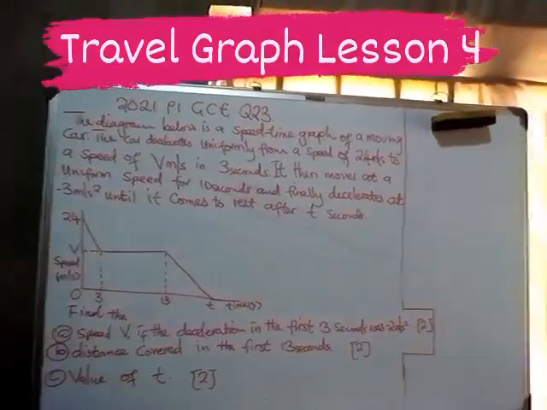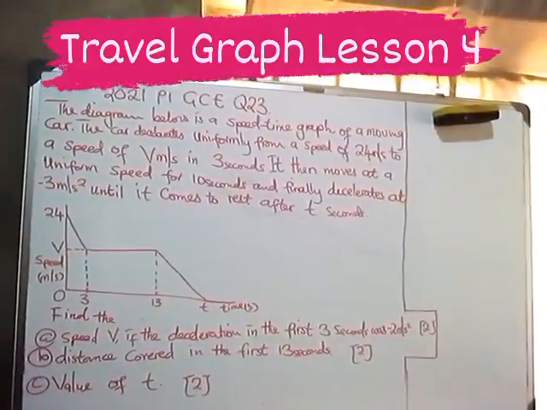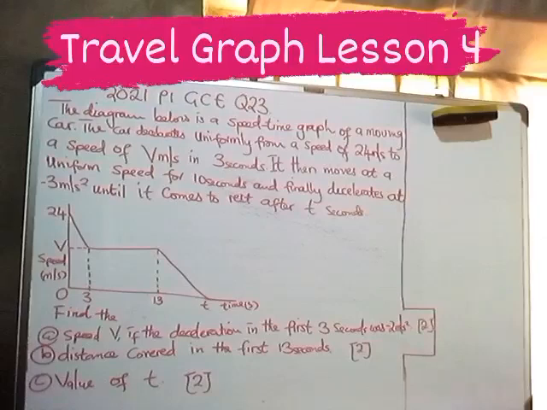Now the questions are as follows. Question number 1 is: find the speed v if the deceleration in the first 3 seconds was -2 meters per second squared.